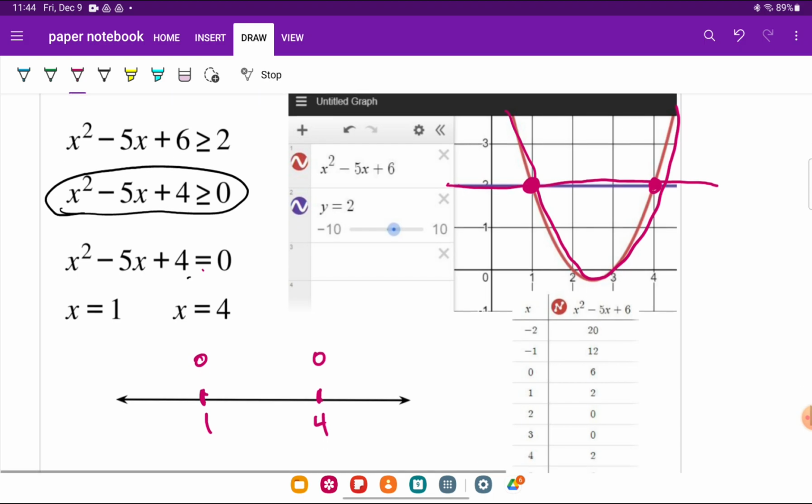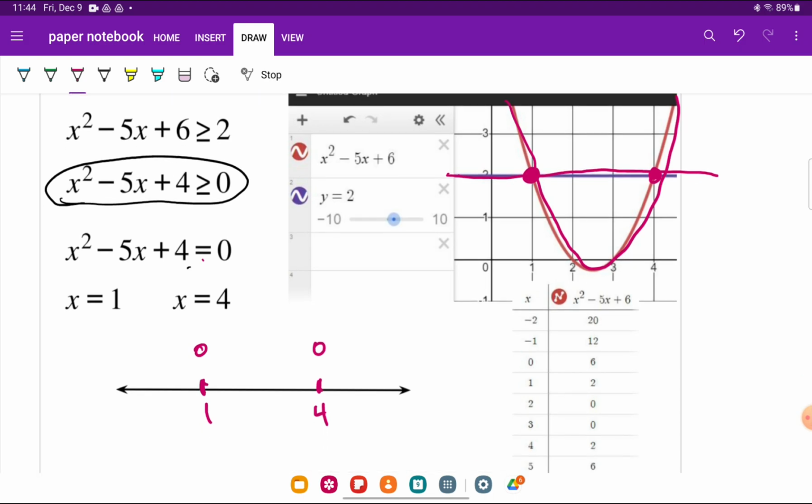Now, to figure out our inequality or our shading on our number line, we're going to use a skill that comes up later on when we're graphing more complex polynomial functions. We're going to pick a point in between and outside, and we're going to evaluate that point back into our function. So if I evaluate at 0, I get 4, which is positive. If I evaluate at 2, I get 4 minus 10 is -6, -2, which is negative.